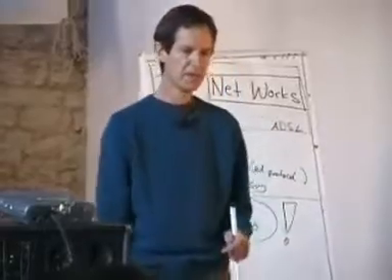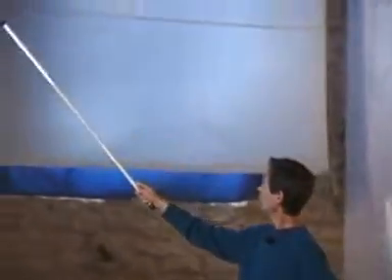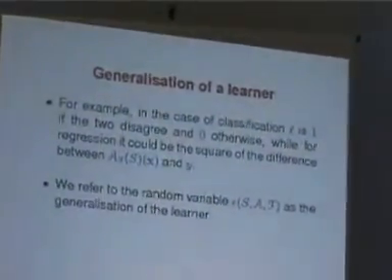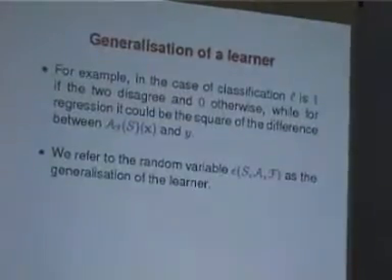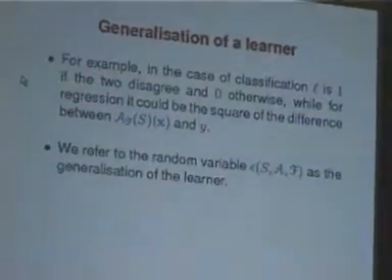So for example, in the case of classification, we can take the loss L to be 1 if the two disagree. In other words, if the output of your function applied to the test input is different from the output that should be given, so it gives the wrong classification, and otherwise 0 if it's the right classification.